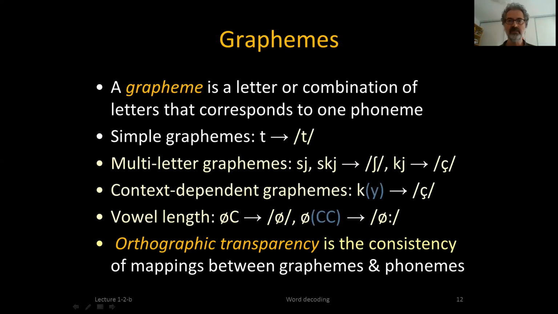A writing system that has a lot of inconsistent mappings like that would be a writing system with low orthographic transparency. In contrast, a writing system in which most mappings are consistent, so phonemes tend to be mapped to the same graphemes and vice versa, that would be a transparent or relatively transparent orthographic system.